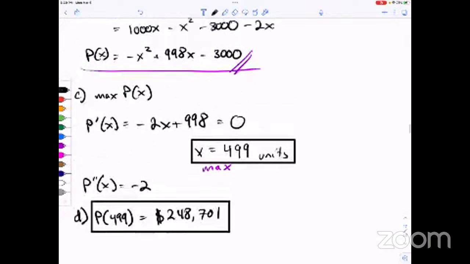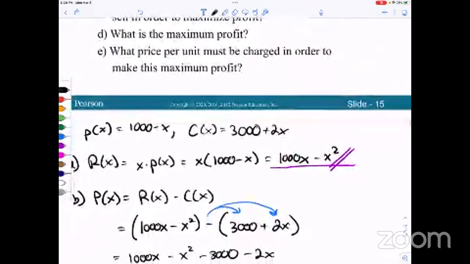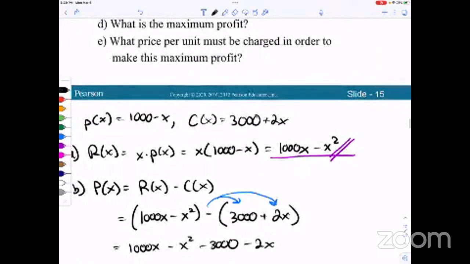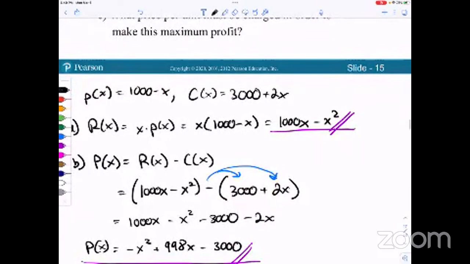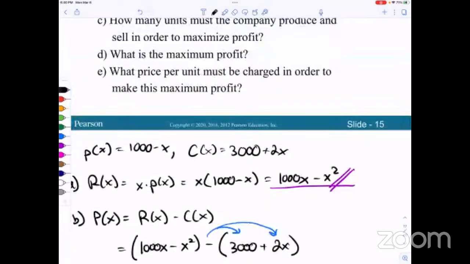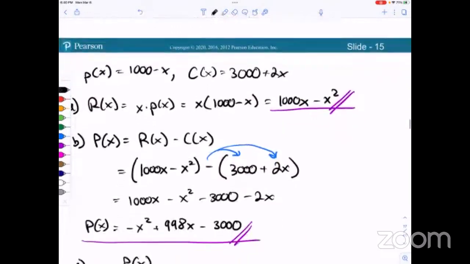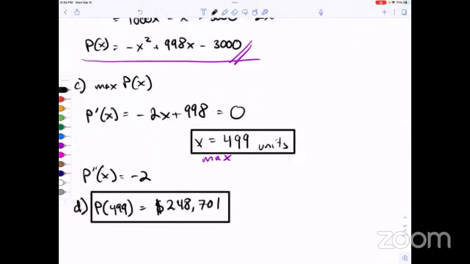Okay, and then what price per unit must be charged in order to maximize the profit? This is the profit. So if this is our max profit, let me see.